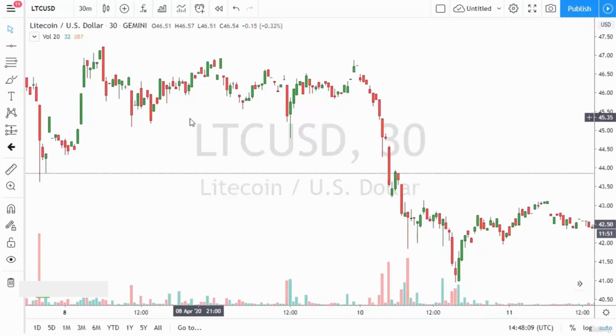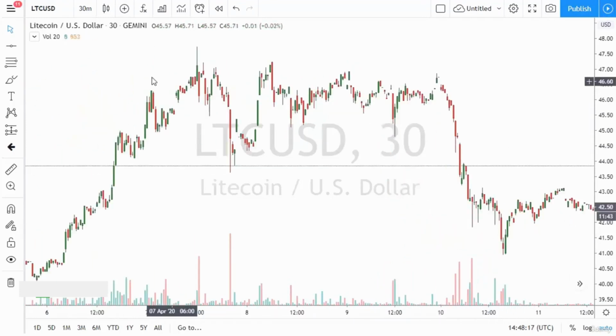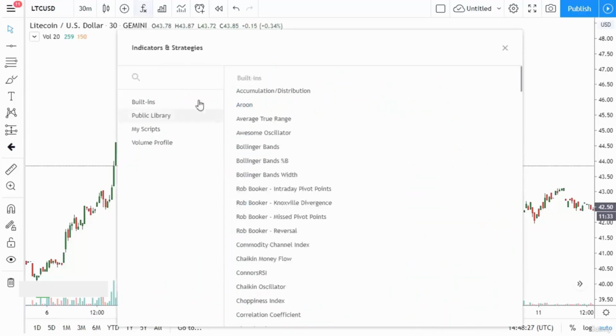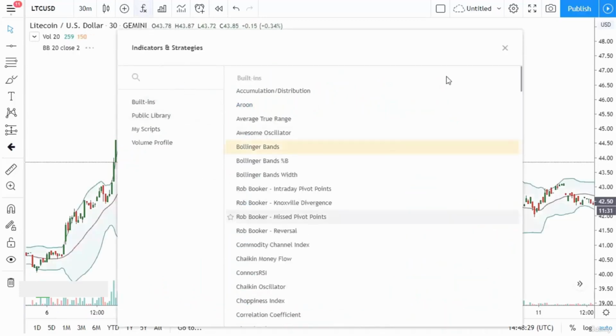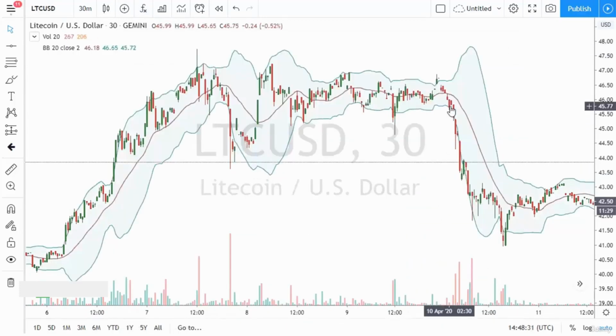You can see we had broken through support right here at $45, basically. So that was your first clue. You also could have traded with, perhaps, Bollinger Bands, because what you're going to see here is we had broken down that line and started to walk the line.